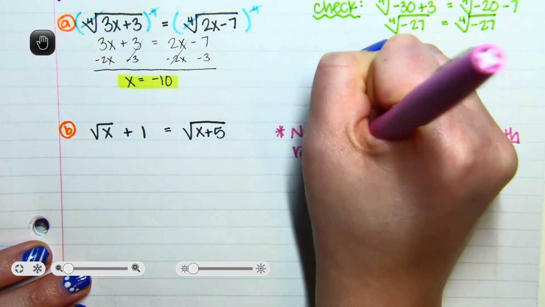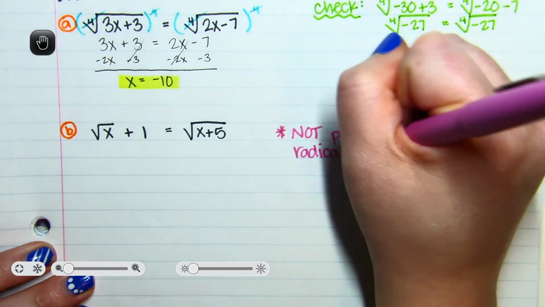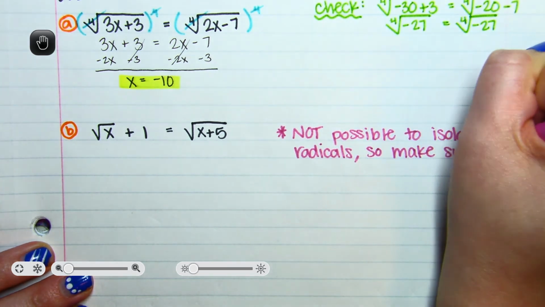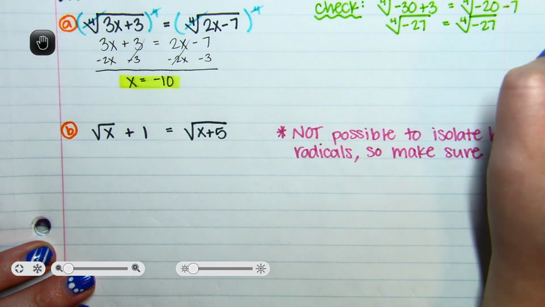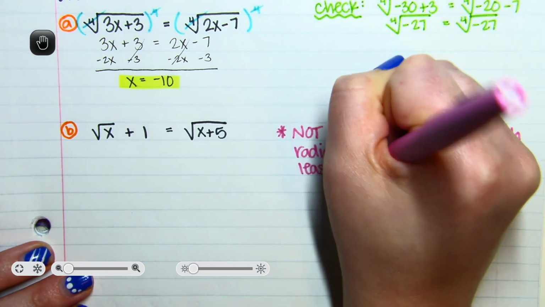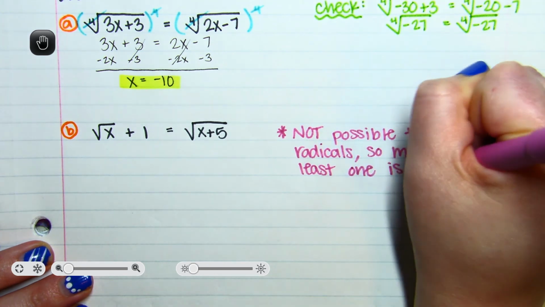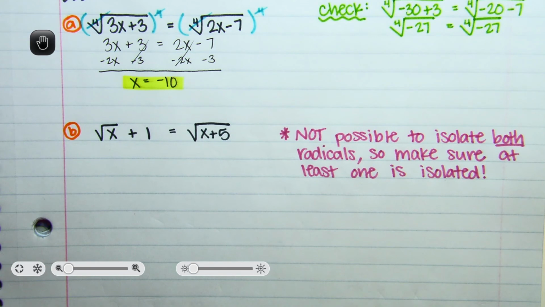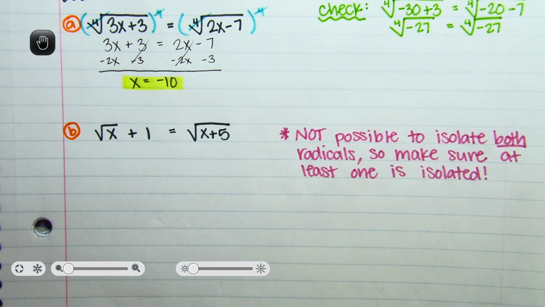So make sure at least one is isolated. And you'll see why in a second. So if it is absolutely not possible to isolate both, make sure at least one of them is.